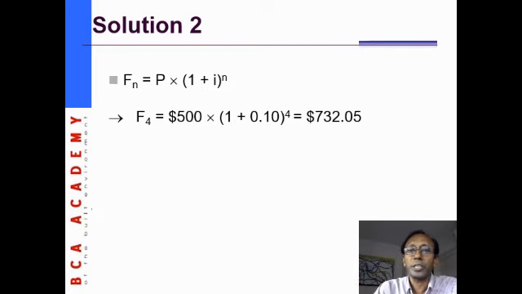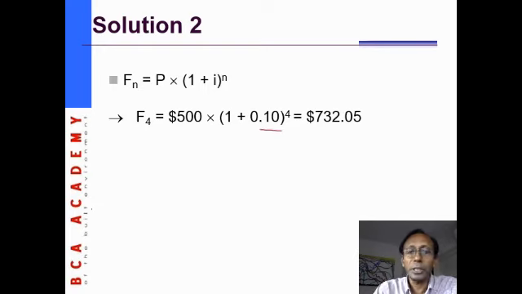The interest rate is given as 10%. 10% becomes 0.1 because 10 divided by 100. So the equation is the principal, which is 500, times (1 plus 0.1) to the power of 4, which is $732.